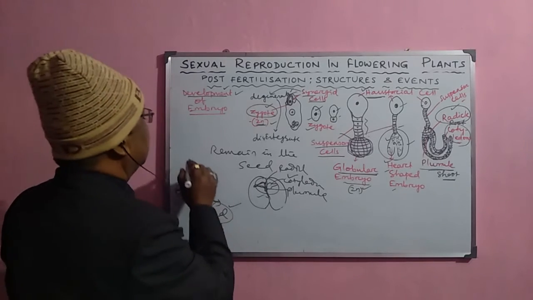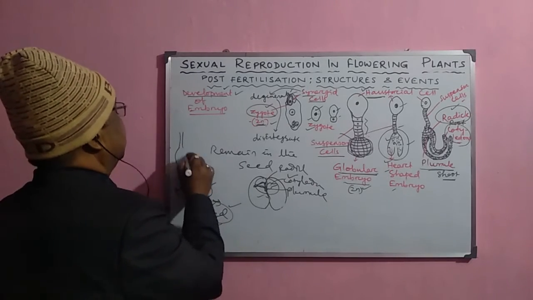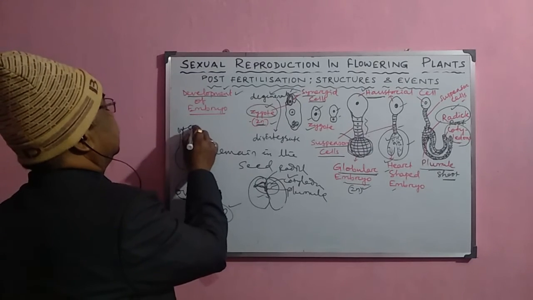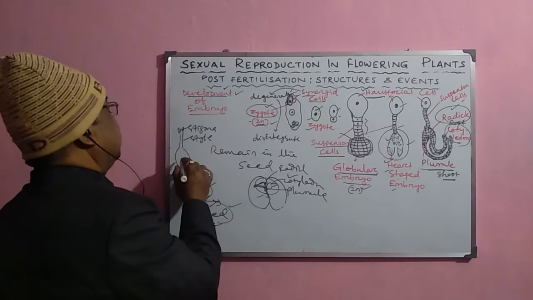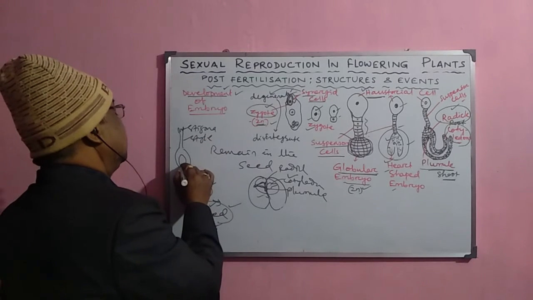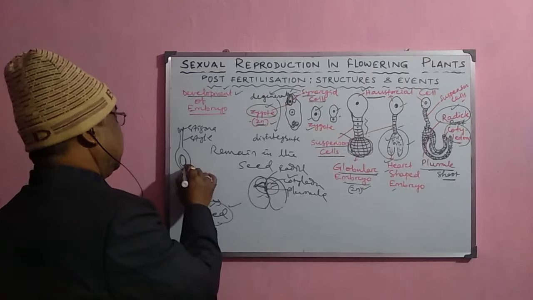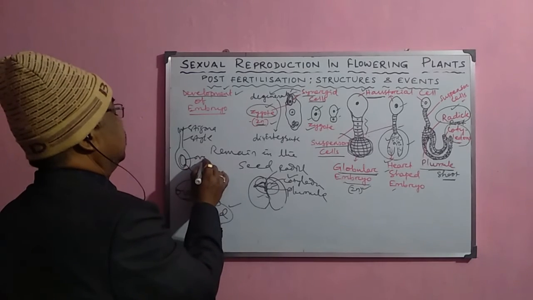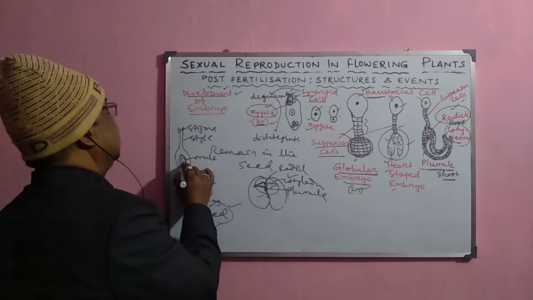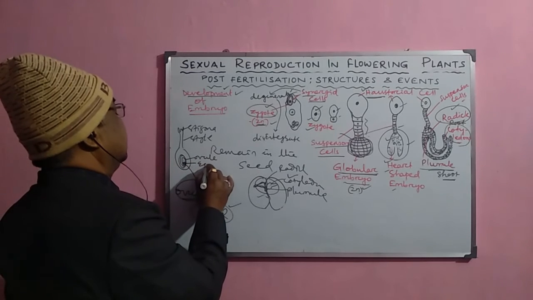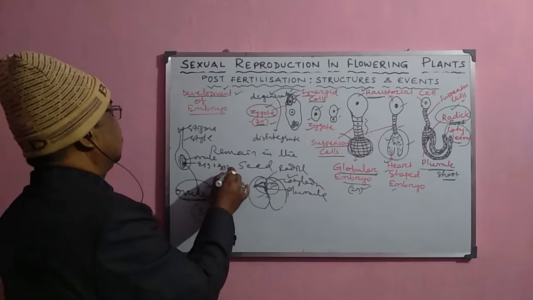Suppose this is the female part, this is the stigma, this is the style that degenerates, but here is the ovule. The ovule actually develops into the seed. Inside the ovule the embryo sac is there, and inside the embryo sac is the egg cell which develops into the zygote, then zygote to the embryo.